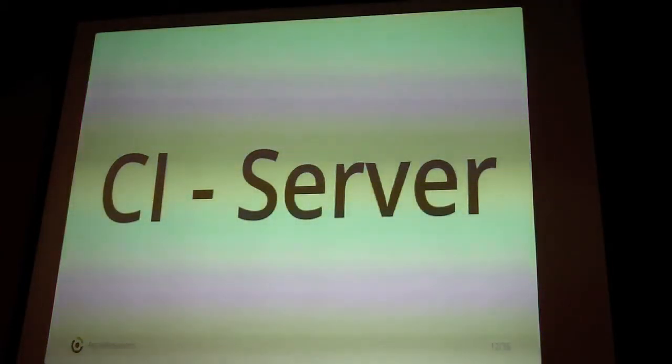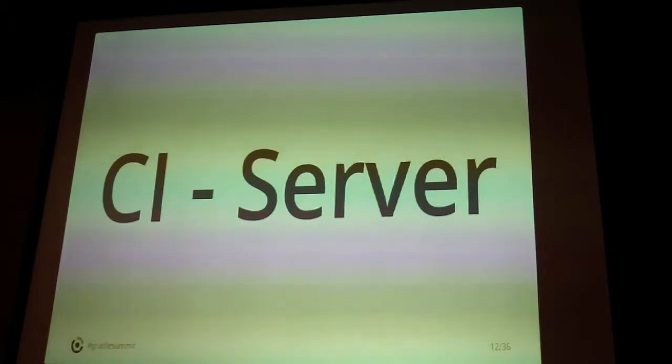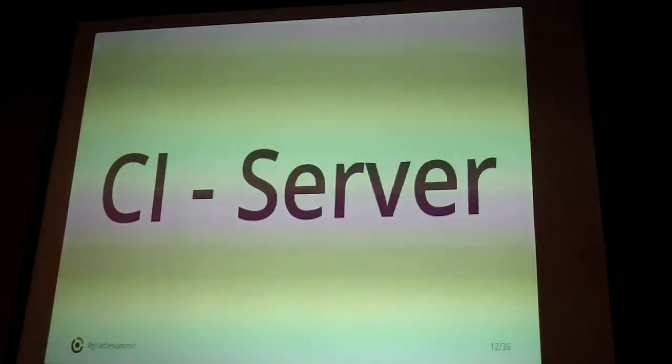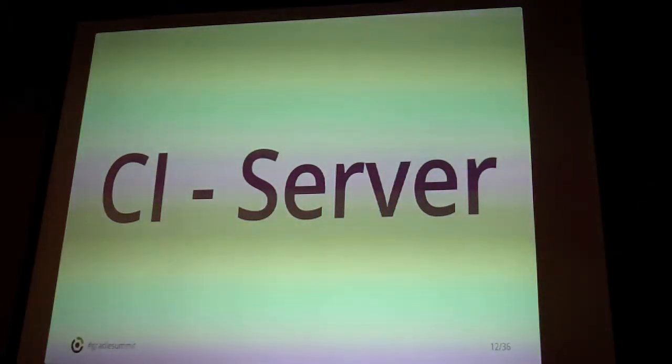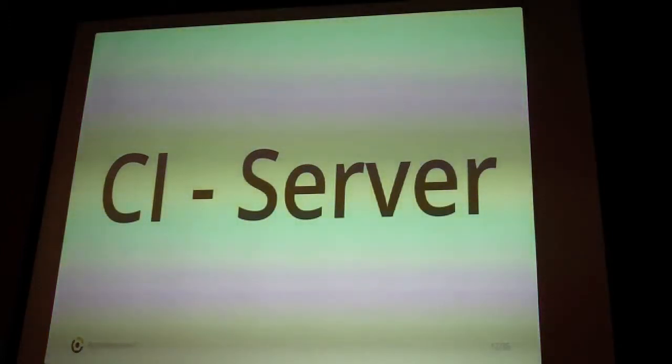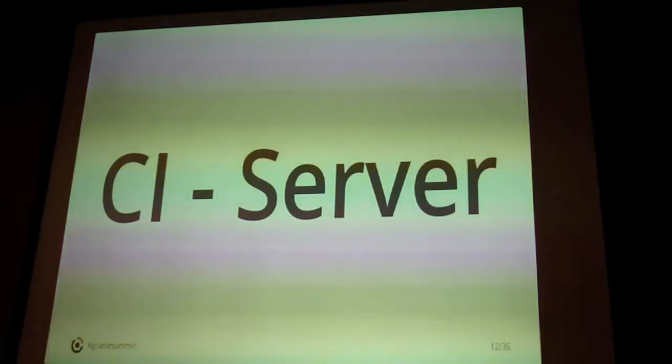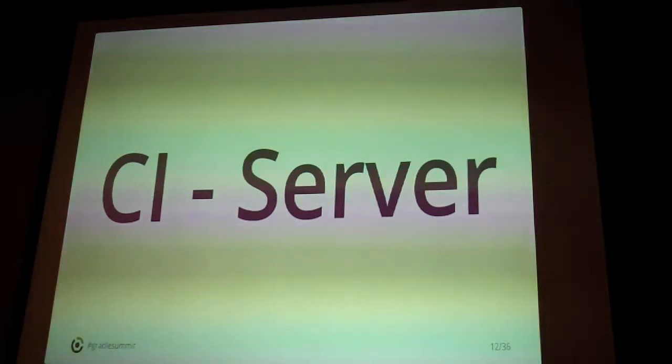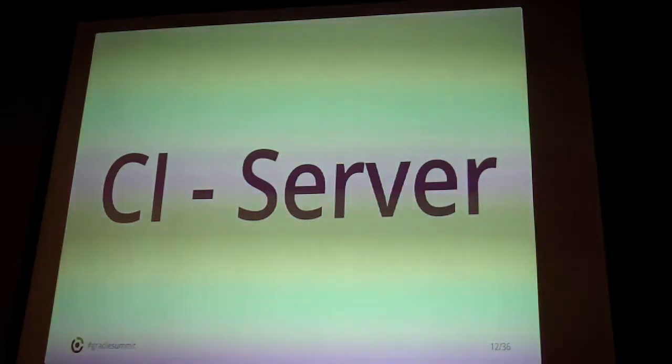If you want, let's talk about the CI server. What CI server do you use? Jenkins. Jenkins is the most popular one. Okay. I have a bit of an opinion, but doesn't matter. There's a build server named Bamboo.